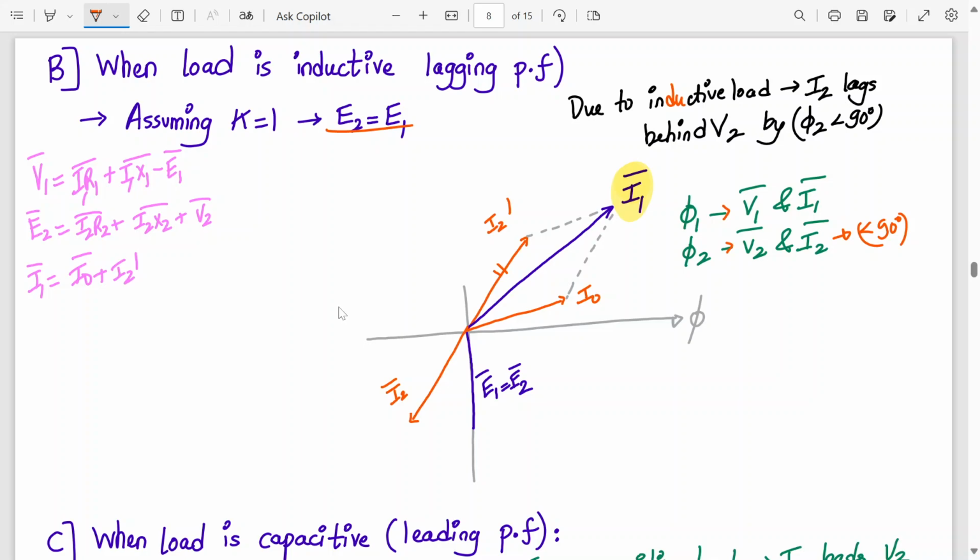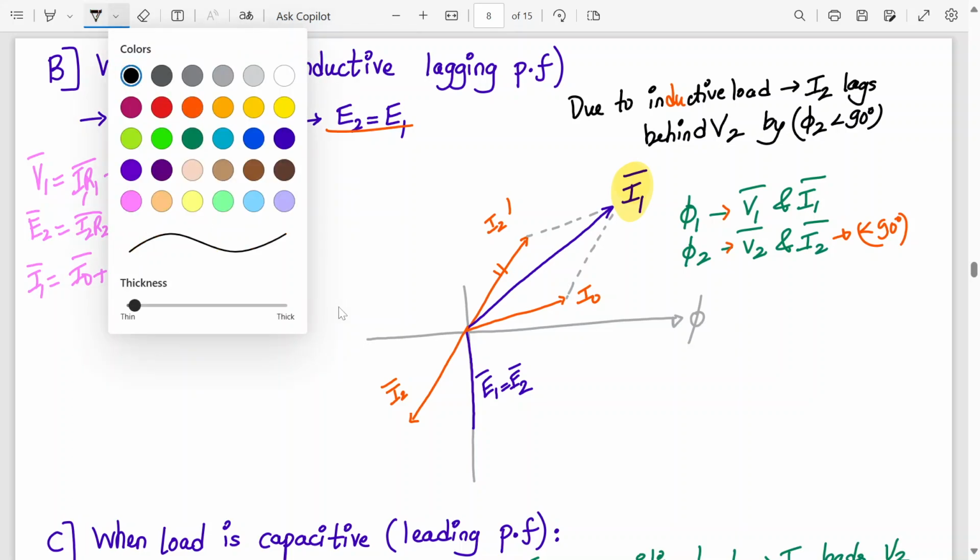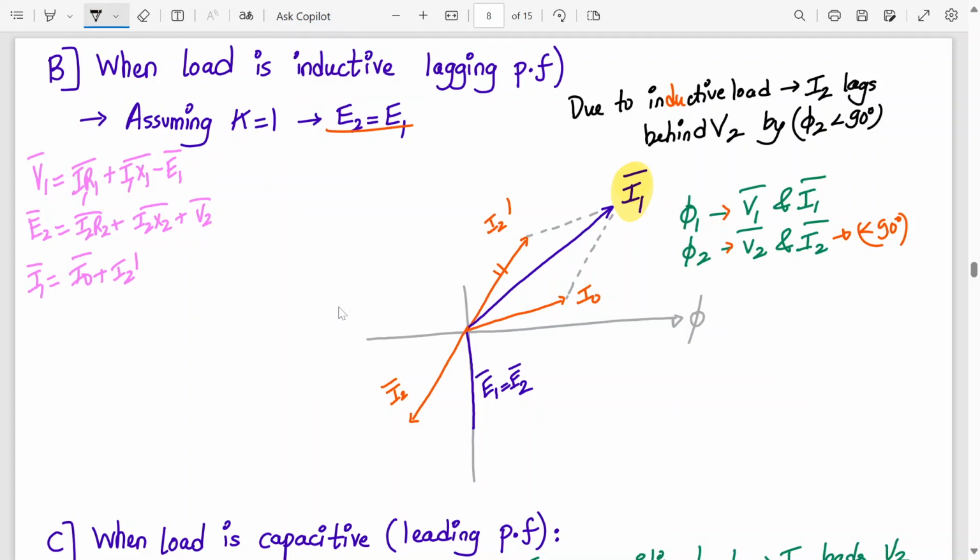Because current I2 is lagging behind V2. So V2 will come up. Current is lagging behind V2, inductive load. So where will it come? Here.